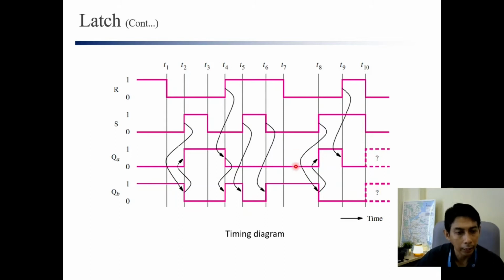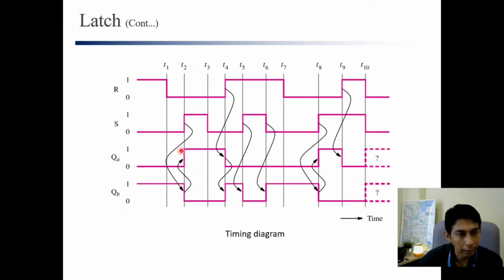When we look at the timing diagram of the outputs QA and QB, we can see that with 0, 0 here, the output is not changed. When we change to 0, 0, the output is still the same. But when we change S to 1, QA now goes to 1, and so on. So this is the fundamental, the basics.